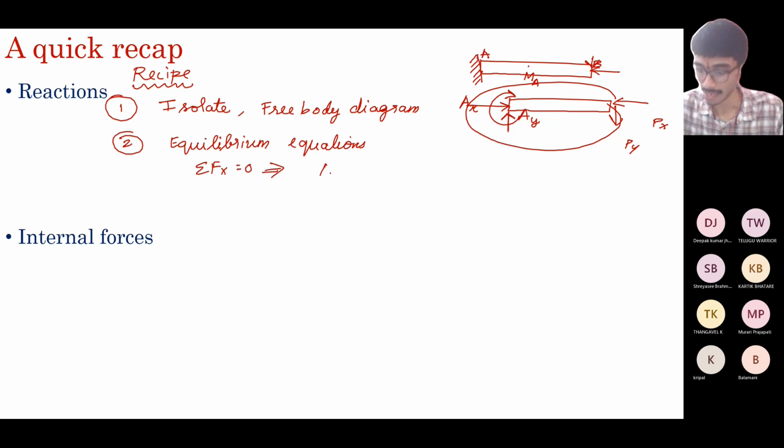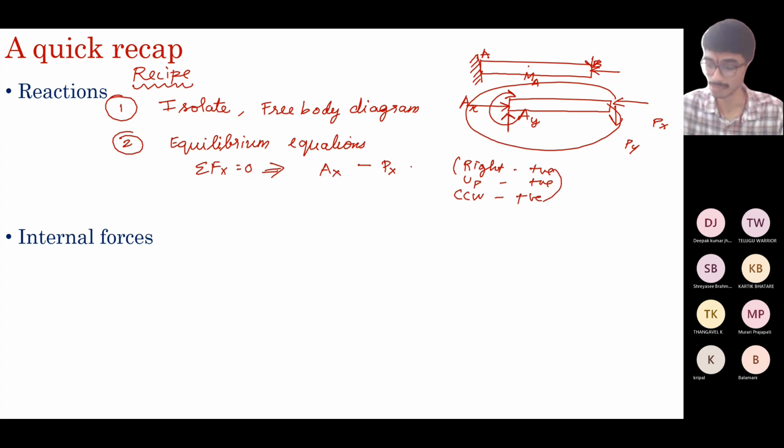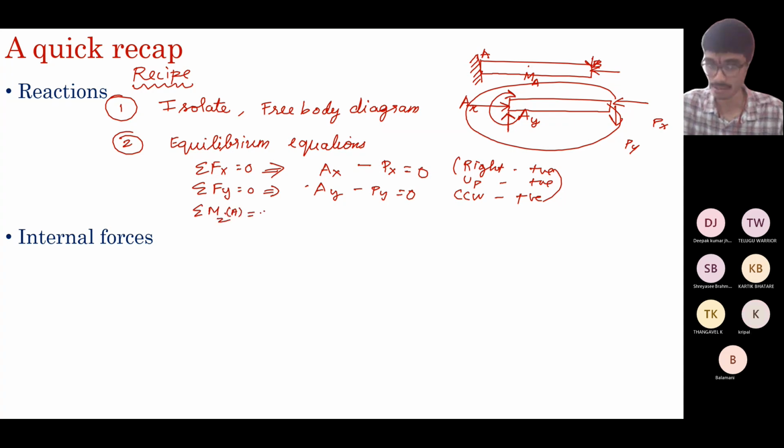It means Ax minus Px. You use the convention, for example, right acting forces are positive, upwards is positive, counterclockwise moments are positive. So Ax minus Px equal to 0. Similarly, sigma Fy equal to 0 means Ay minus Py equal to 0. And what are the moments? Moments about the point A. So moments about the point A means what is the moment acting there? MA.